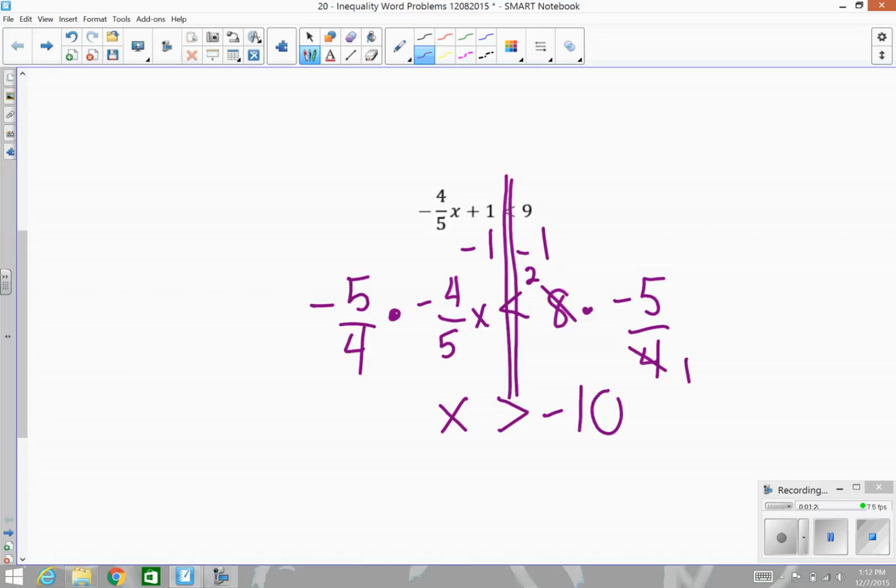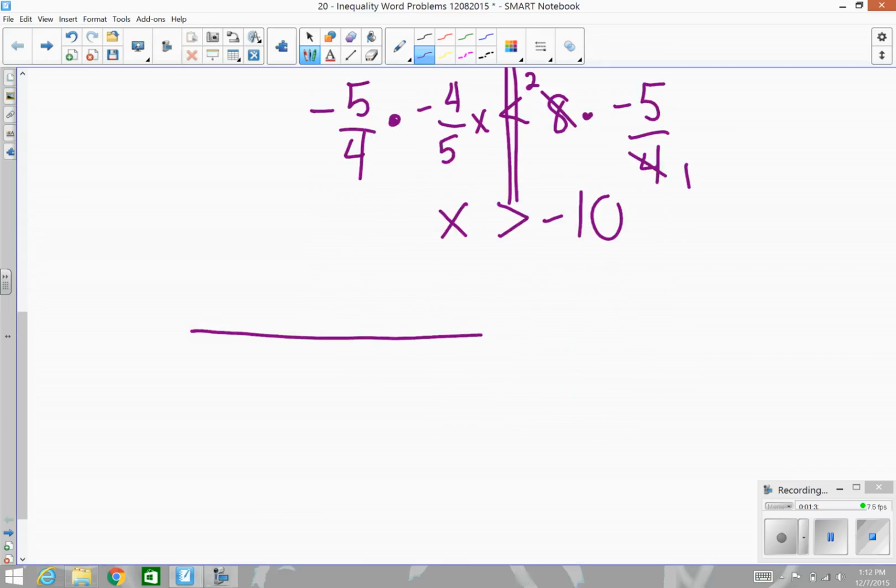So we have x is greater than negative 10. And when we graph this, it should look like this. Open circle, shade to the right.